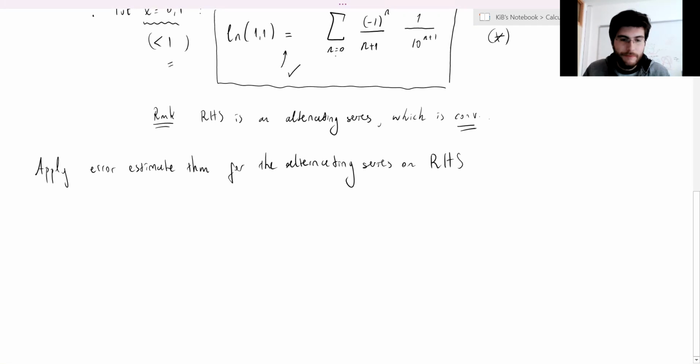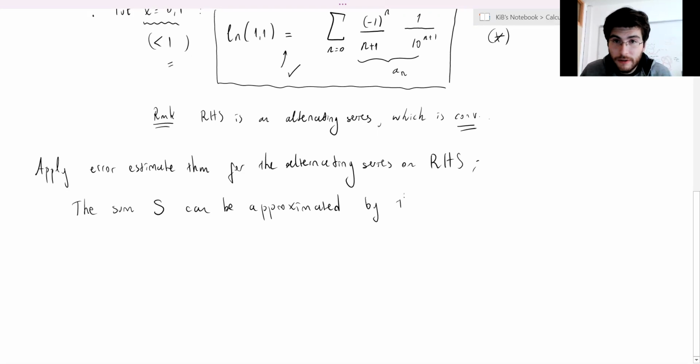So, okay, fine. Let me call this term a_n, and just observe that this theorem tells us that the sum, let me call it S, this is the number we wish to estimate, can be approximated by the partial sum.